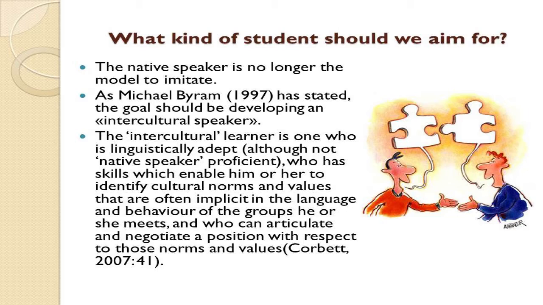Now, what is an intercultural speaker? This is one who can adapt linguistically to the circumstances that he finds himself in. He is adept to those circumstances, but he's not native-like proficient, if you see what I mean. He does not behave in the linguistic way that a native speaker would behave. There's no need for him to do so, provided he can adapt to the circumstances and he or she can communicate.